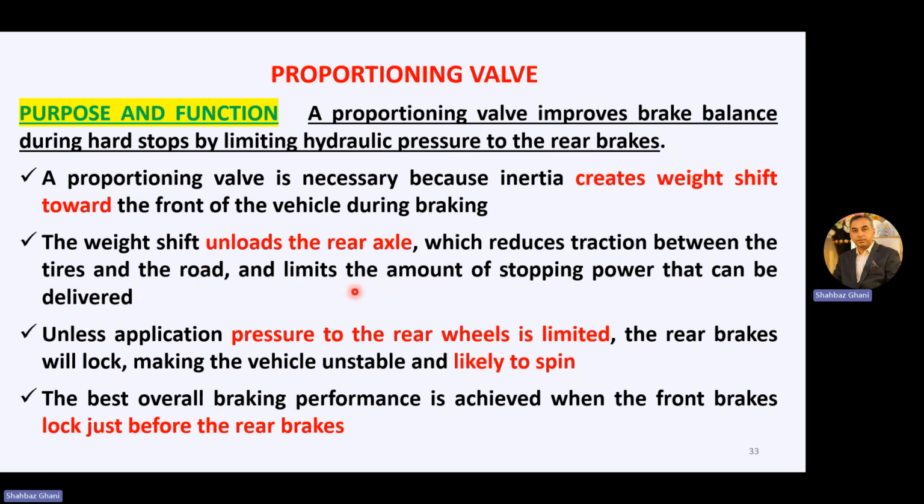The rear wheels then limit the amount of stopping power that can be delivered. Unless application pressure to the rear wheels is limited, the rear brakes will lock, making the vehicle unstable and likely to spin.